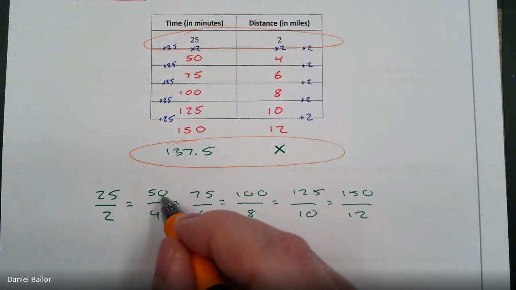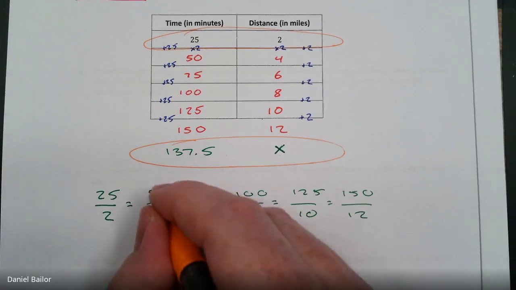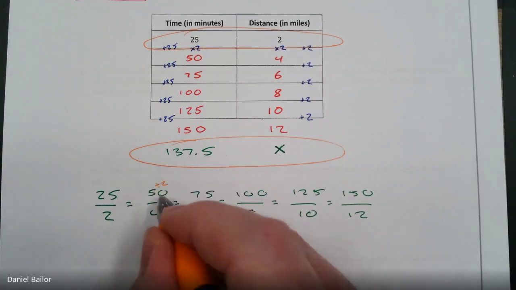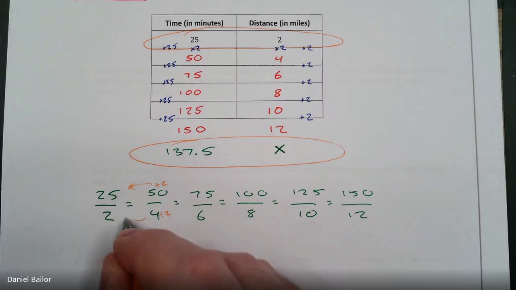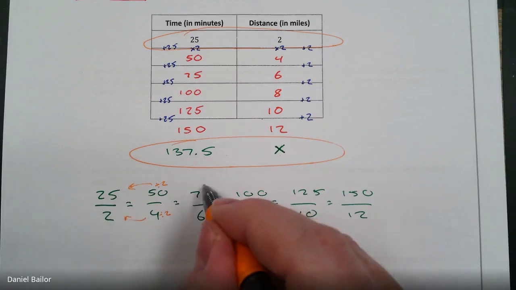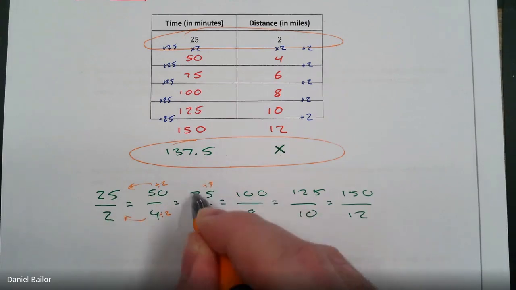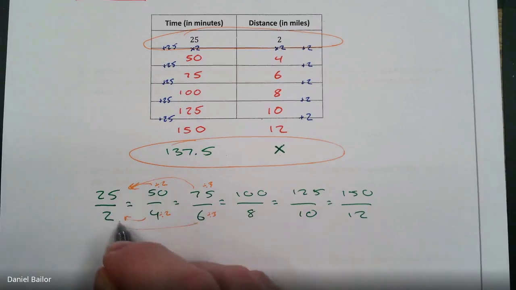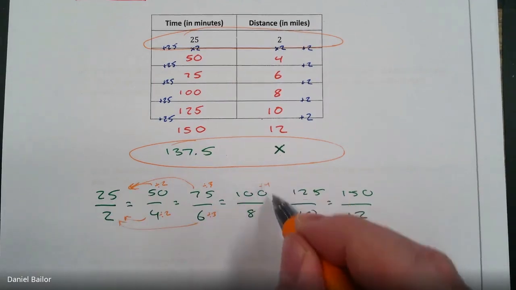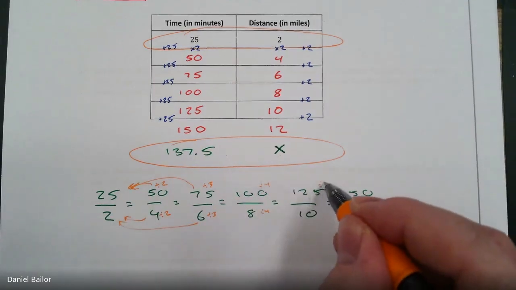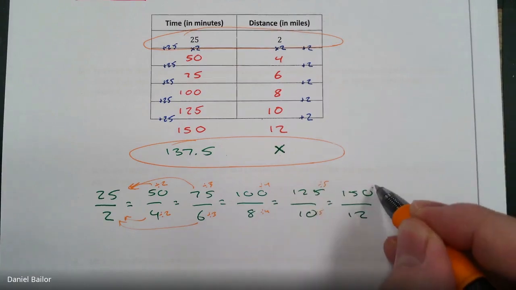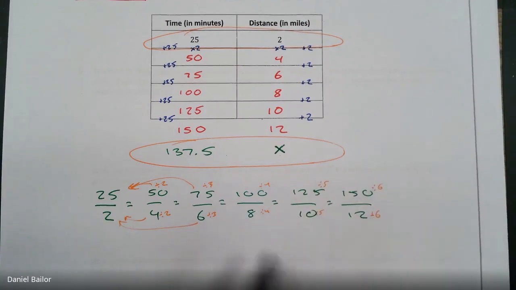Because 50 and 4, if we divide by 2, we get 25 over 2. On this one, if we divide by 3, we get 25 and 2. Divide by 4, divide by 4, divide by 5, divide by 5. Divide by 6, divide by 6. So all of these fractions are equal.